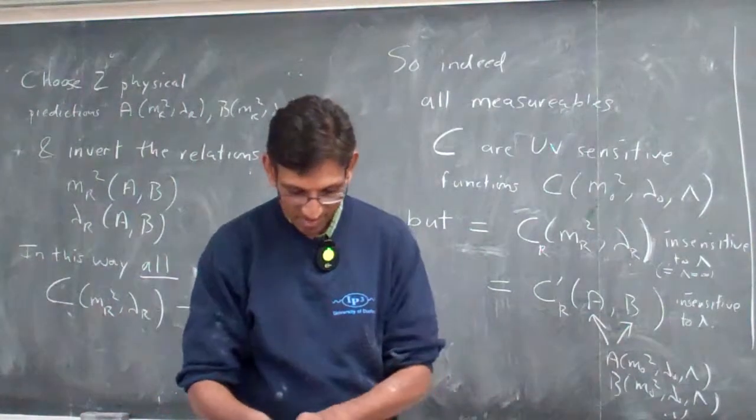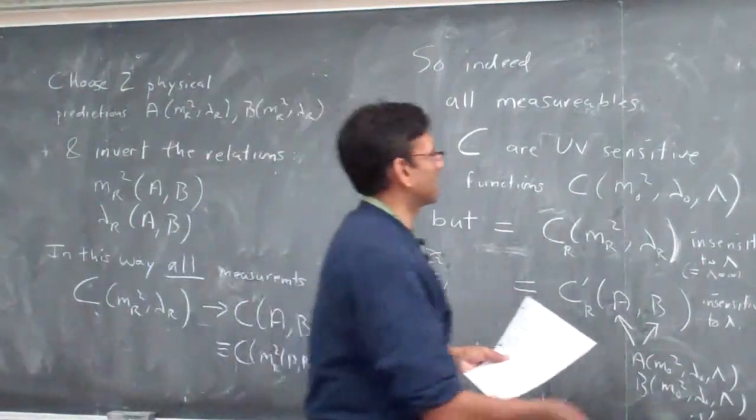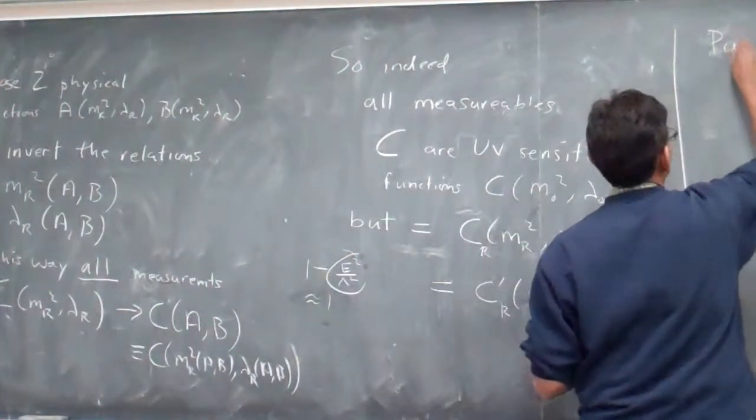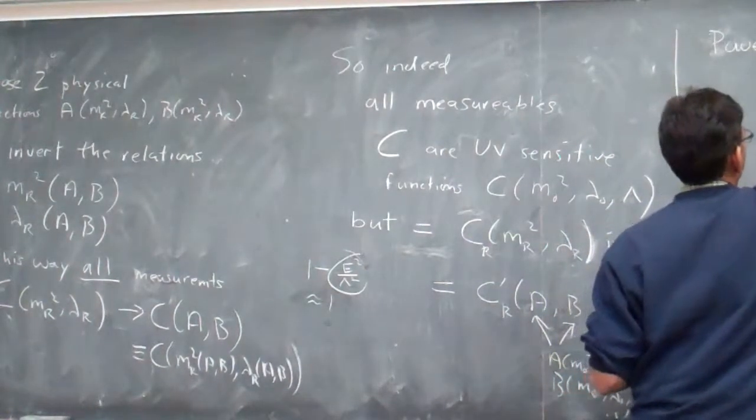I didn't prove it, and I'm not going to prove it, but I just want to at least say it's a theorem. Okay? So there's something called, I don't know what it's called in general, but I think it probably started life being called this power counting theorem.